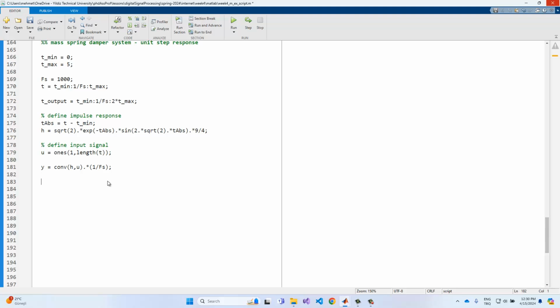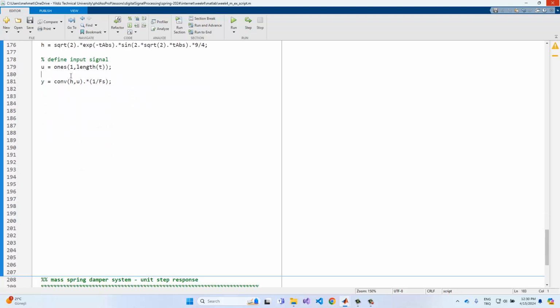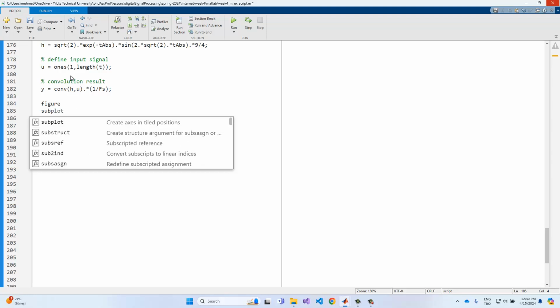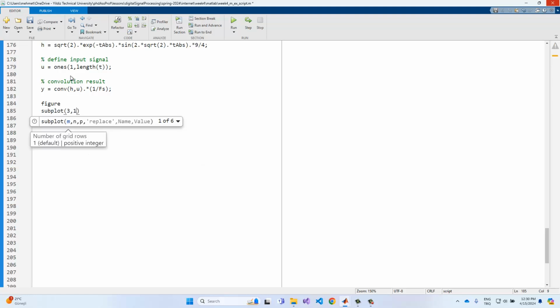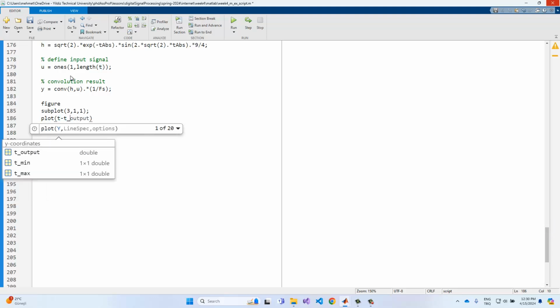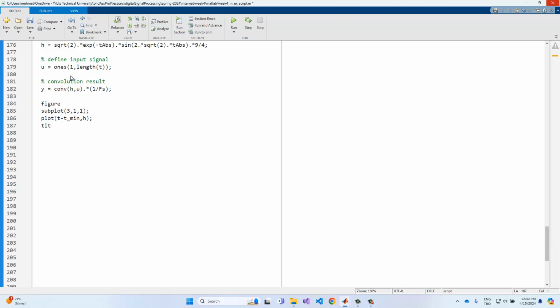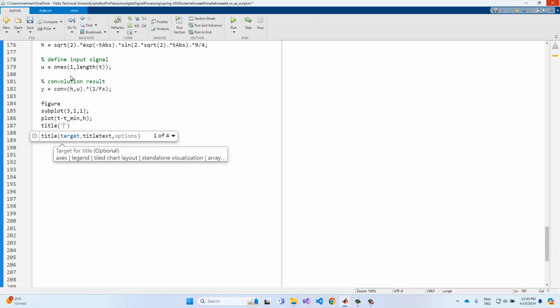Okay, these are the convolution results. So we can give the figure subplot 311 and plot t minus t min and h, and title this is the impulse response, right?